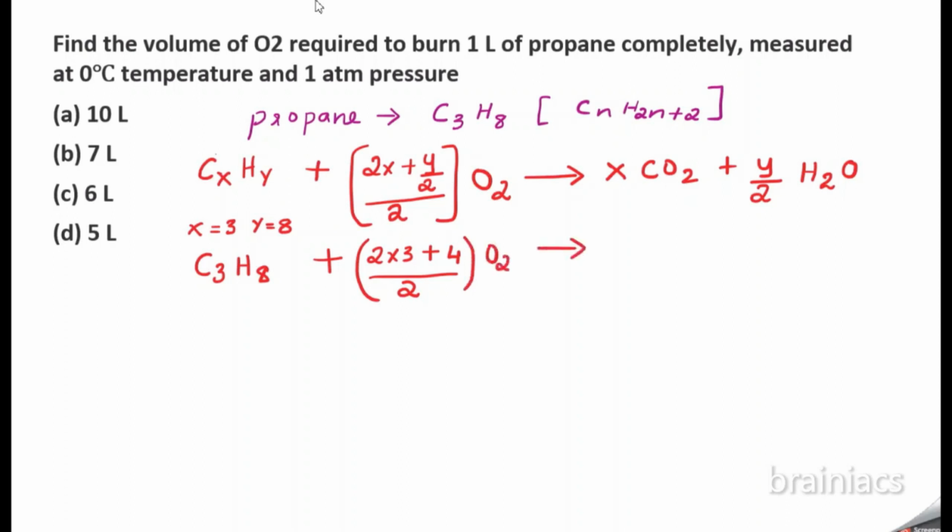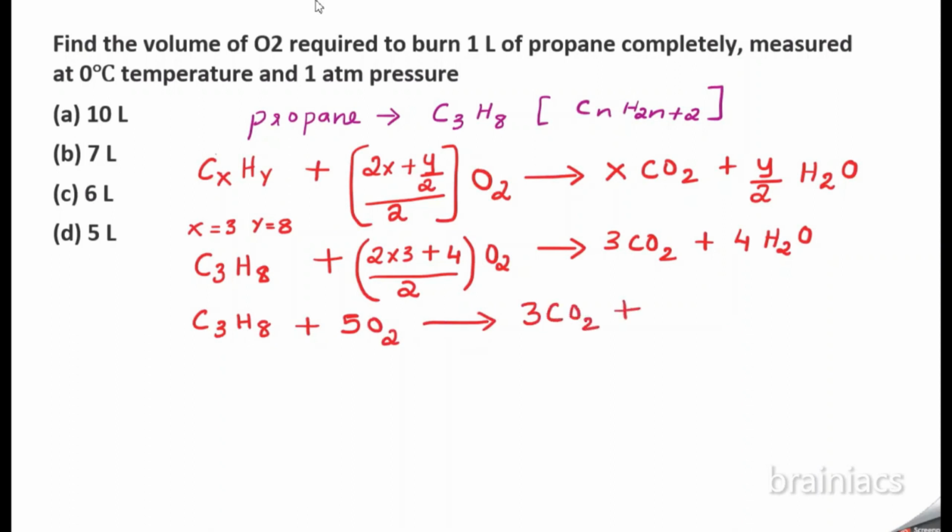Now x CO2 means 3 times CO2 plus y/2, that is 8/2, that is 4 H2O. So this can be further written as C3H8 plus (3 into 2, 6, plus 4, 10)/2, so 5 O2, giving you 3 CO2 plus 4 H2O.